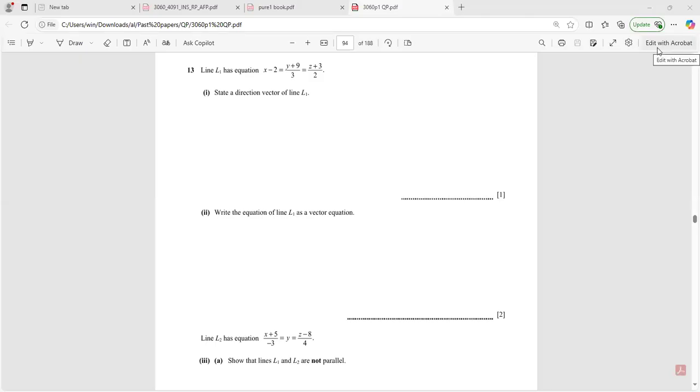Okay, question number 13. Here in this question, vectors. He asks you, does the line L1 has any equation? Actually, this is a symmetrical equation. So we say x minus 2 equals y plus 9 divided by 3 equals z plus 3. All these are equal to the common number here. We can call it t or lambda or whatever you call it. Let's make it lambda.